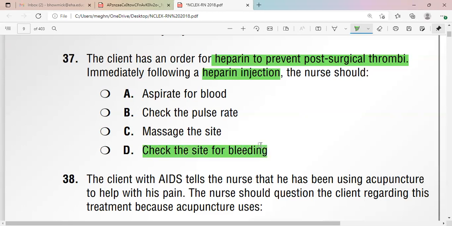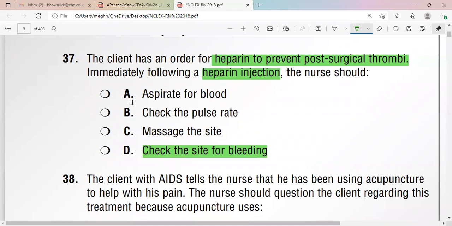Why did we choose this answer? Because you see "immediately." That is the keyword every student must find to get the correct answer. Immediately following: so after administering any subcutaneous anticoagulant, the nurse should check the site for bleeding.